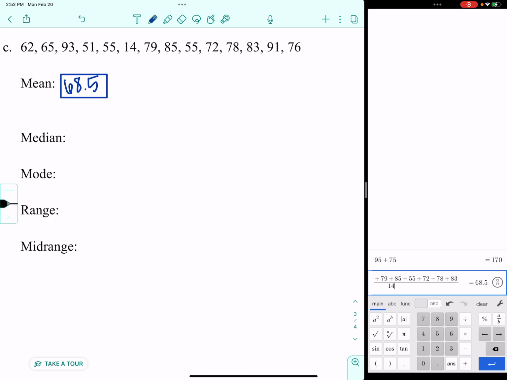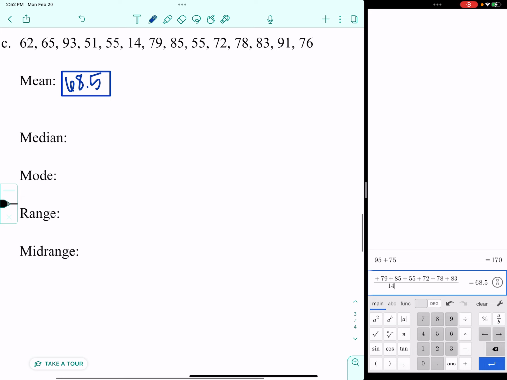The median, we need to put them in order and then find the middle. It looks like my lowest is 14. And then 51. And then I have two 55s. And then a 62.